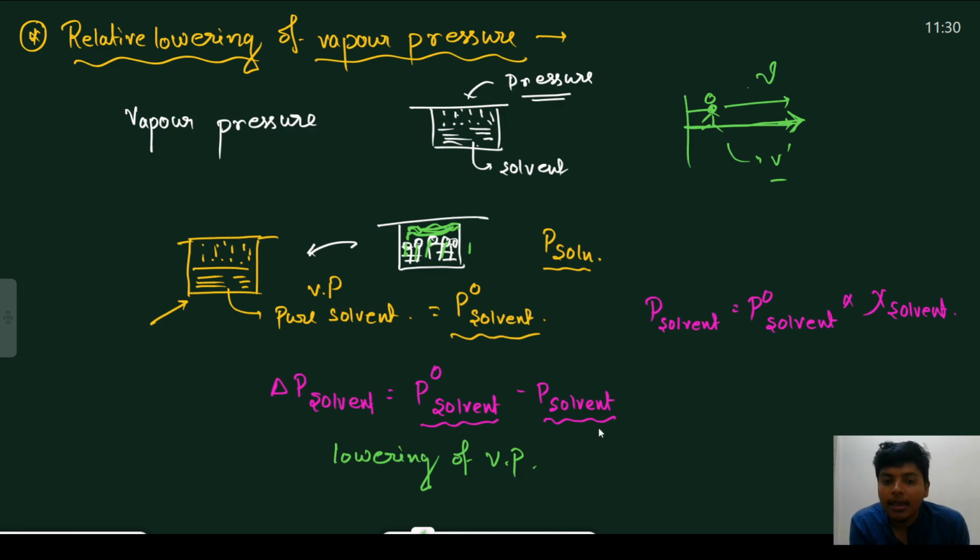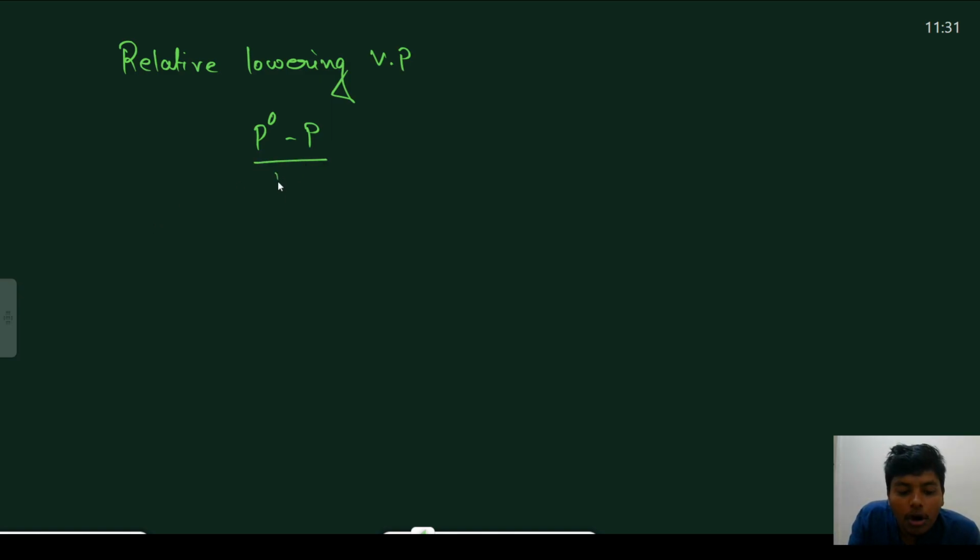Now, relative lowering of vapor pressure. What is relative lowering of vapor pressure? See, this is the lowering of vapor pressure, P naught minus P. With relative to P naught, with respect to P naught, how much lowering is there?